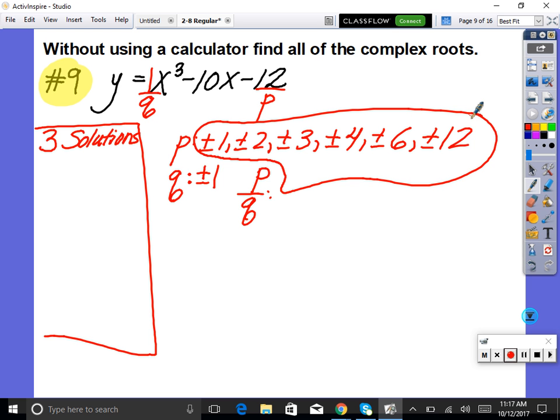Now, it would be okay to take your calculator, graph it, and look, which one should I maybe test first? Grab your calculator, type it in. Where should I test first? Type it into y equals, graph it.